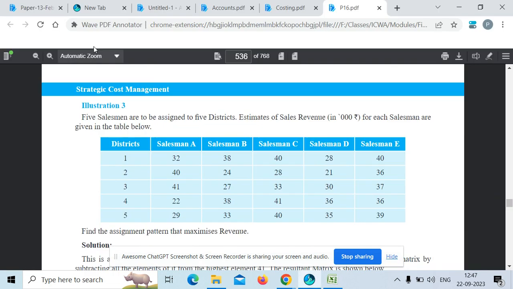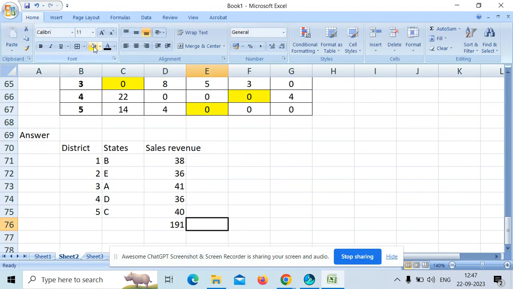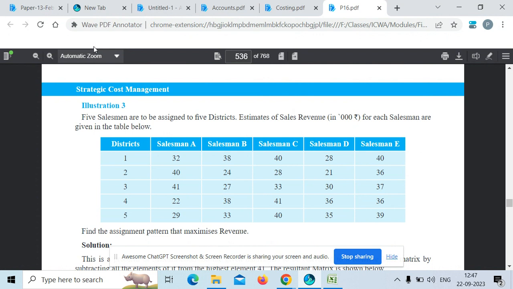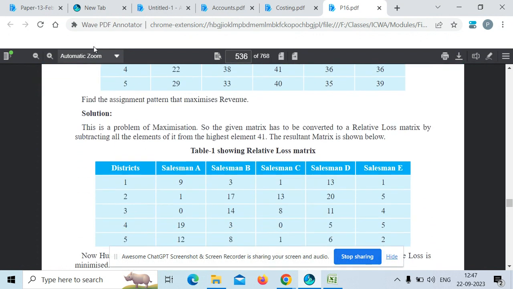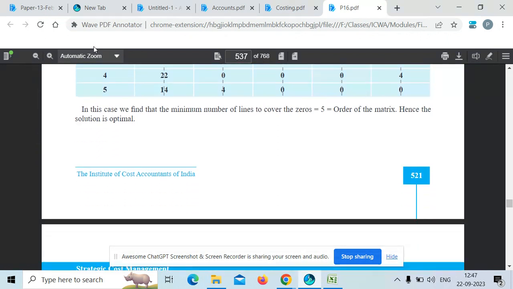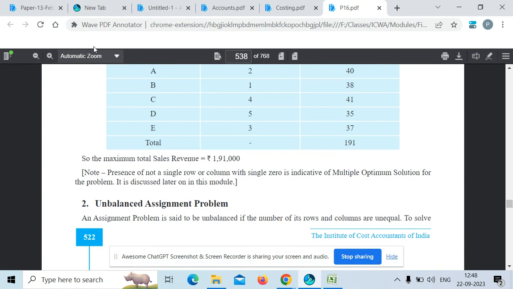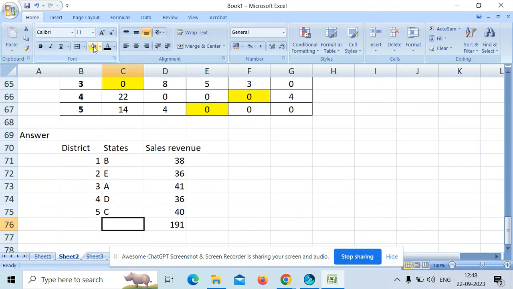D for dog is 36. C is 40. So 191 is my maximum revenue which I can earn from all five states. Maximum revenue, rupees 191.